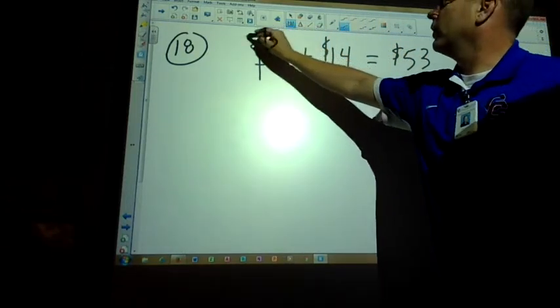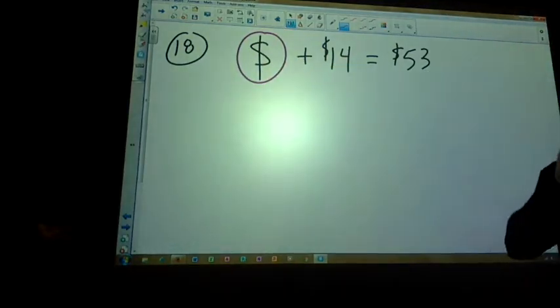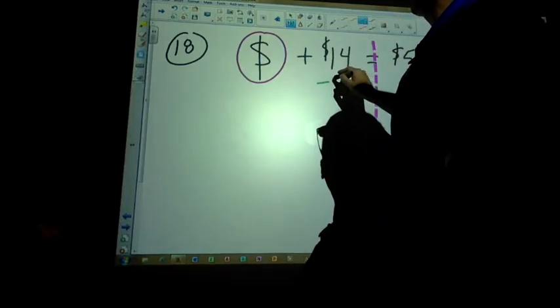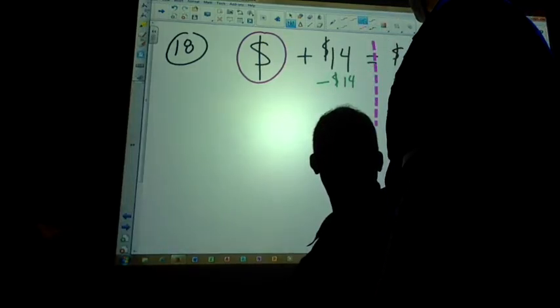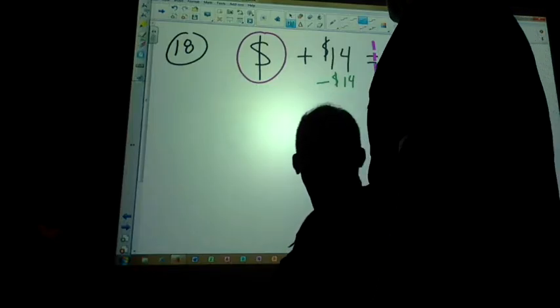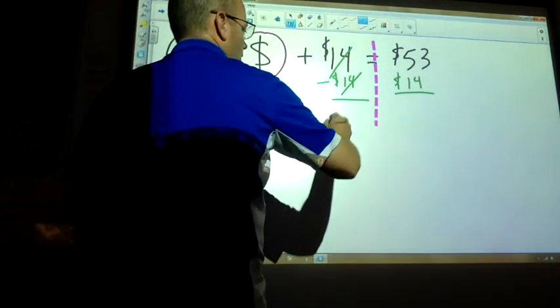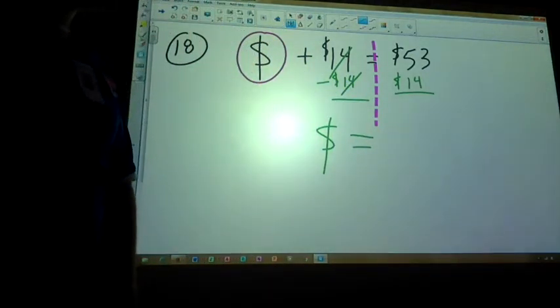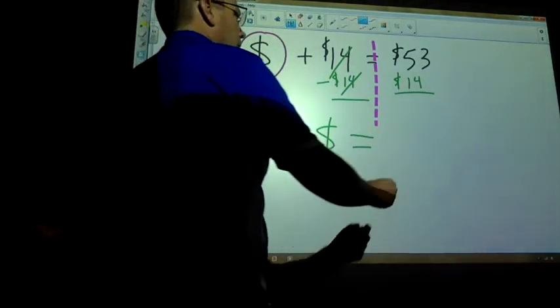Okay, so we're looking for this one. That's our variable. So what should I do to both sides? Minus 14. There you go. So I'm going to subtract 14 dollars from both sides. So the starting amount of money that she had was $39.